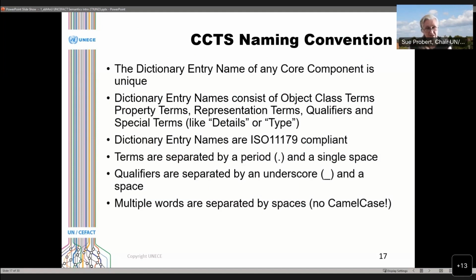We don't squash them together in any way, because that stops you being able to use spell check. And spell check is one of the things that we can use as one of our weapons to maximize and increase the quality of our core component library. So it's just an important point to mention there. Next slide, please.